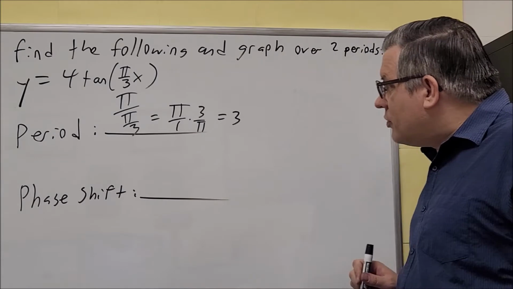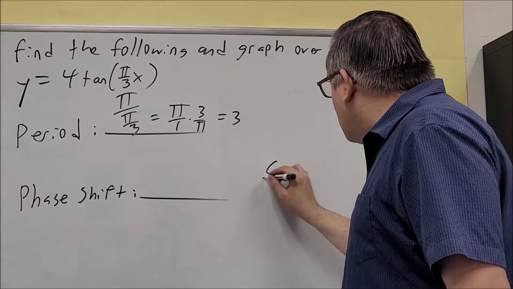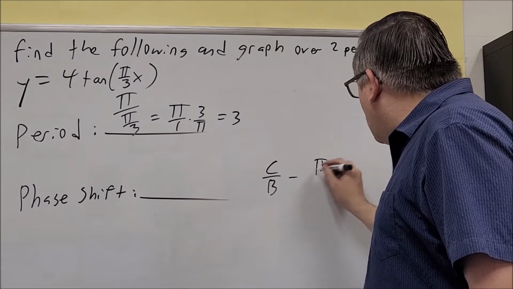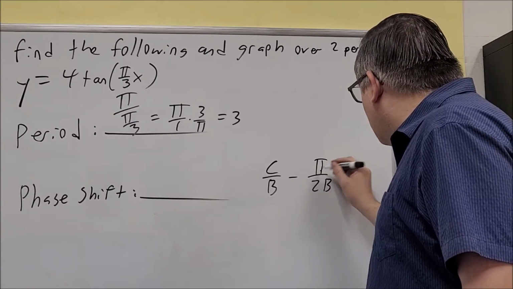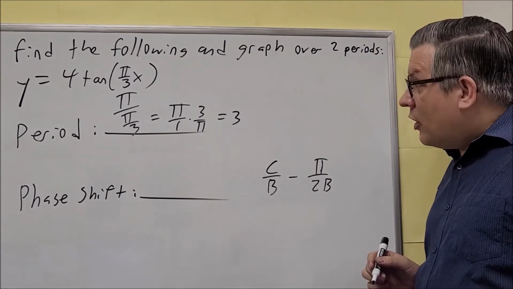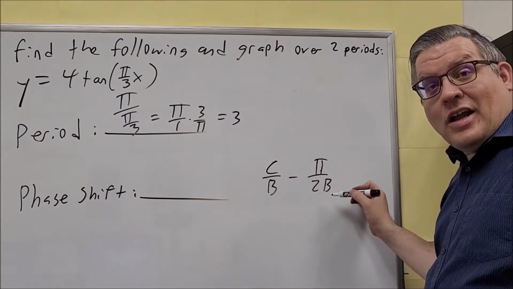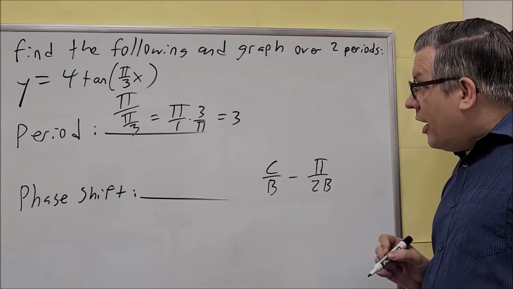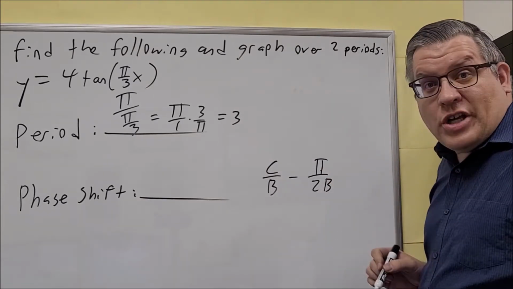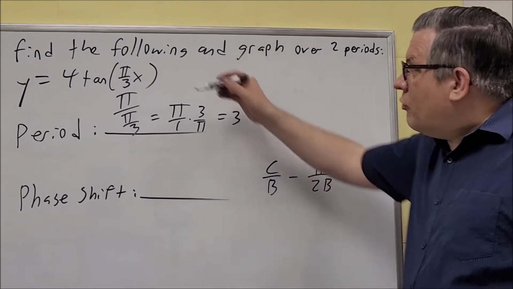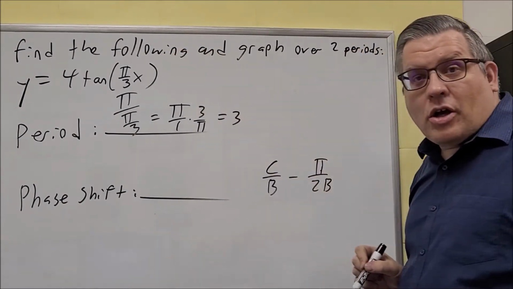For the phase shift, phase shift is c over b minus pi over 2b is the formula for that. Again, only tangent graphs require this extra fraction on the end here, so don't forget to do that part for tangent graphs. Let's put the information in. Now c, we notice that there is no value that comes after the x.